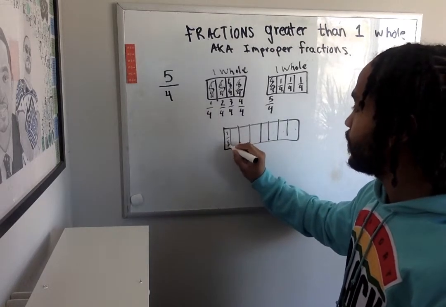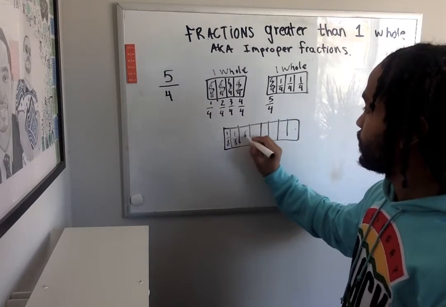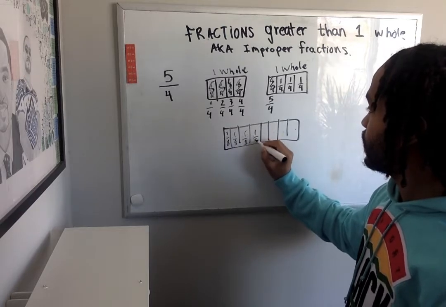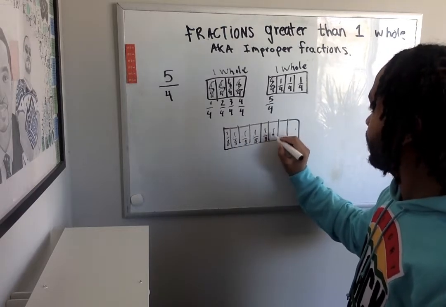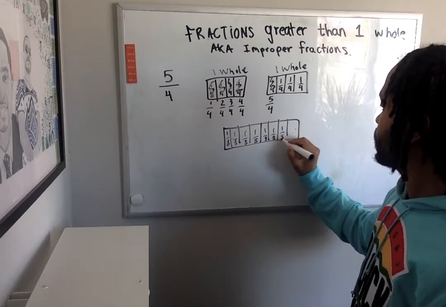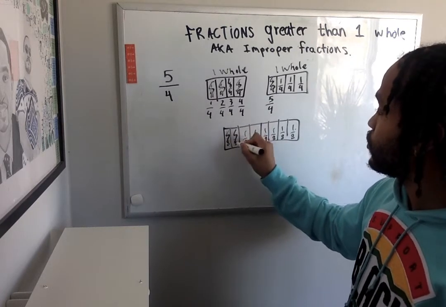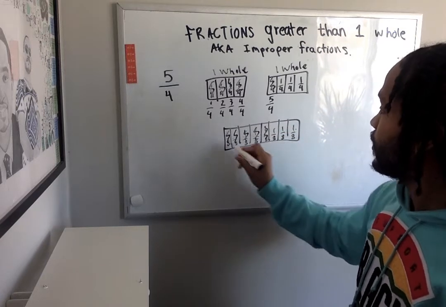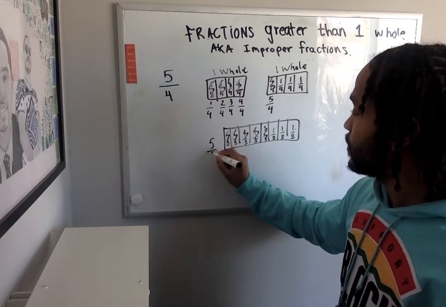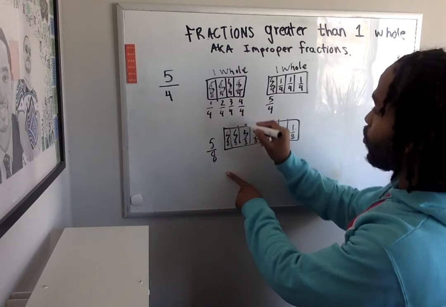These would all be 1/8. And then we were shading 5. So 1, 2, 3, 4, 5. This is 5/8 because this is just one whole right here.